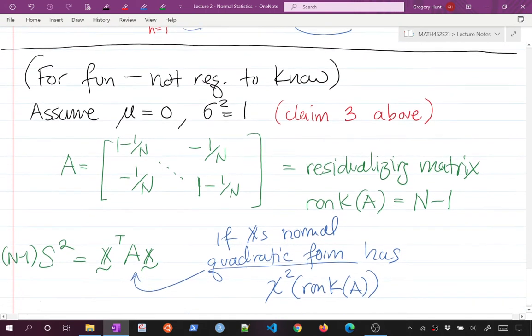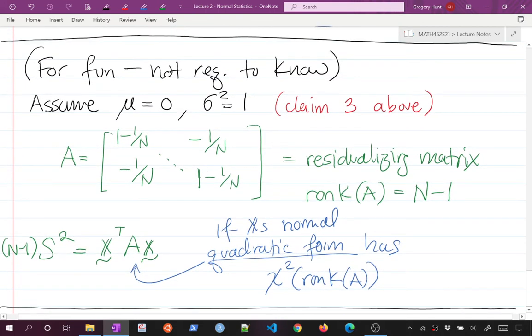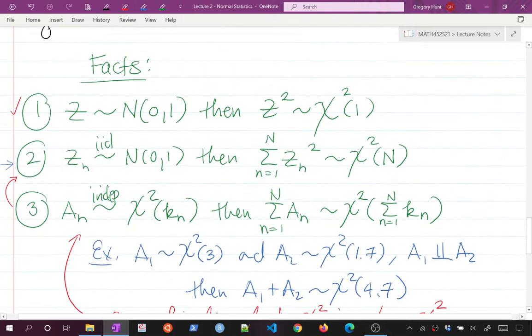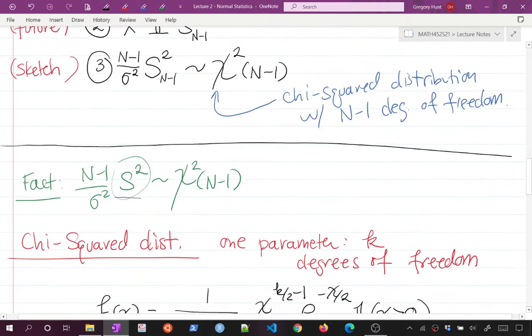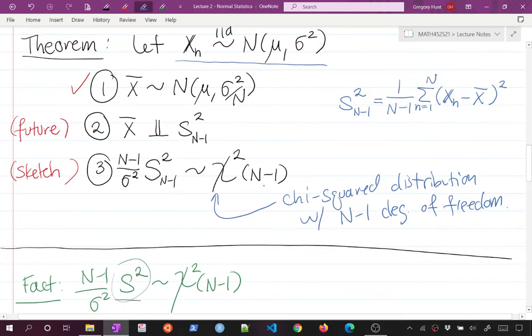So we're done with fun for now. Beyond the scope of this course, you don't need to know that, but it gives you a sense of where we get n minus 1. So if I go back up to my theorem here, why is it n minus 1 degrees of freedom? It's because you can basically look at s squared as a quadratic form with a certain matrix, and the rank of the matrix is n minus 1.